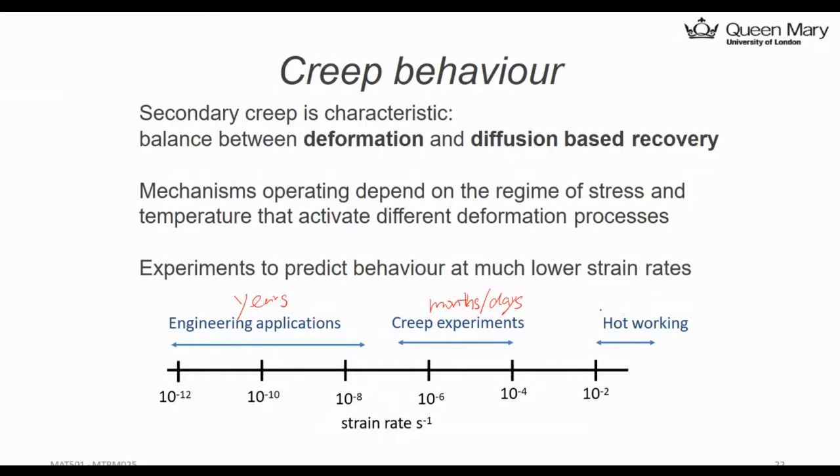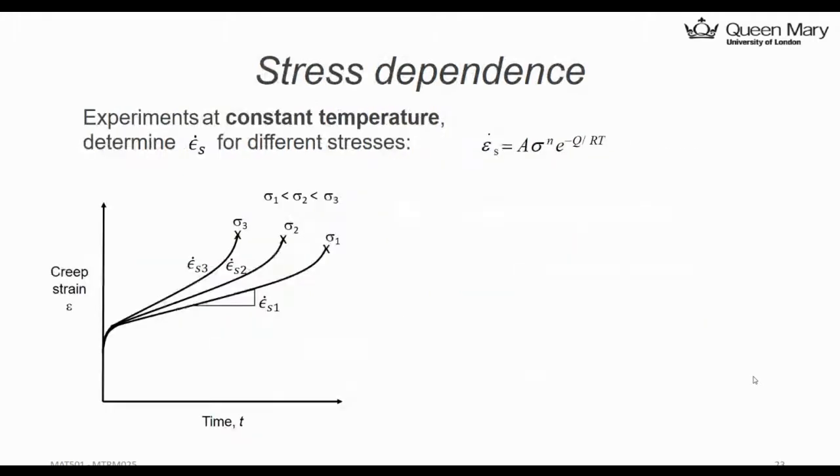But if you want to do some hot working and make a sword or make some structure, you want to finish that within hours, or minutes. So that's why you need to understand creep behavior, and so you can raise the temperature or raise your stress so that you reduce your time. Okay, that's the logic from this graph.